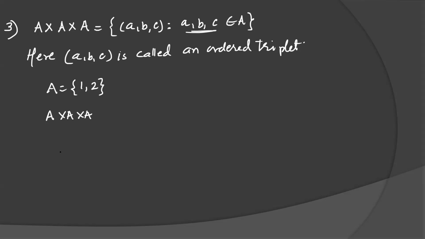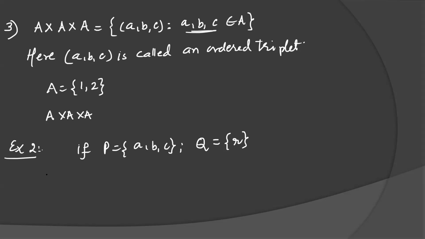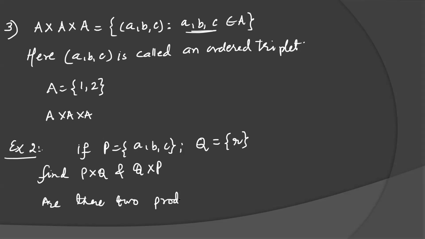Let's see one more example. Example 2. If set P is given as a, b, c and set Q is given as the single element r, find P cross Q and Q cross P. Also, are these two products equal?